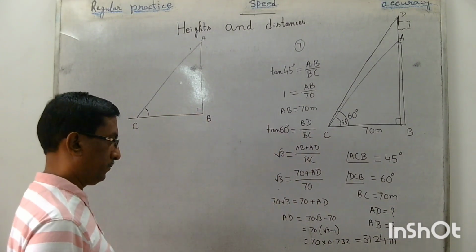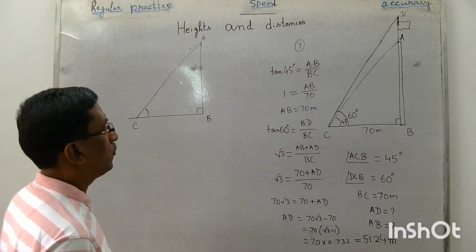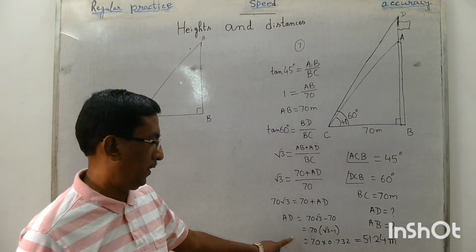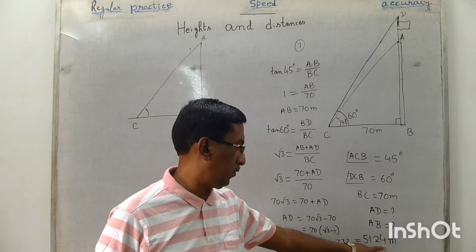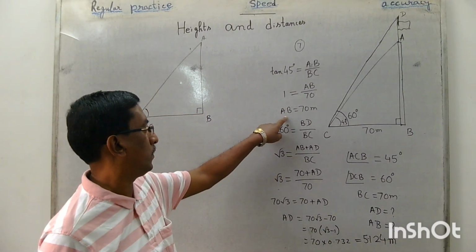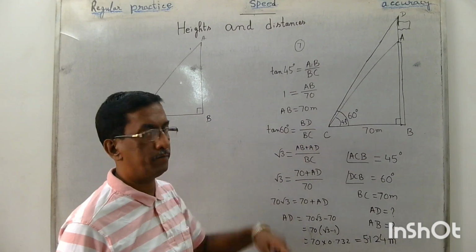So the flagstaff AD is 5.124 meter, and the tower AB is 70 meter.